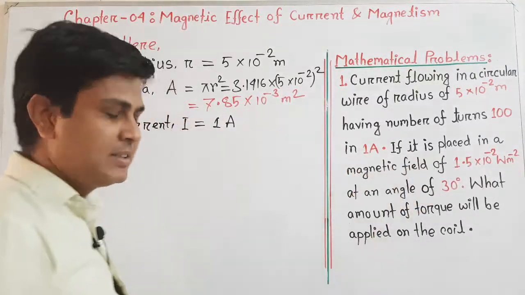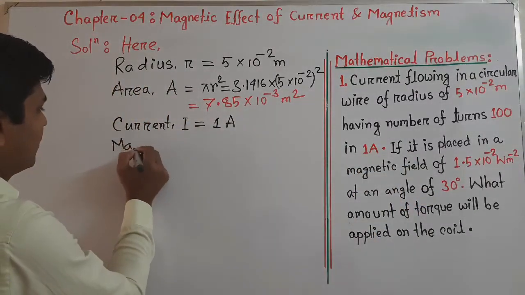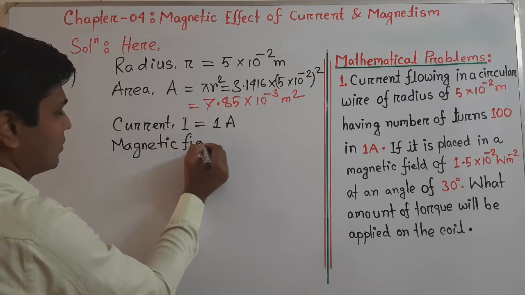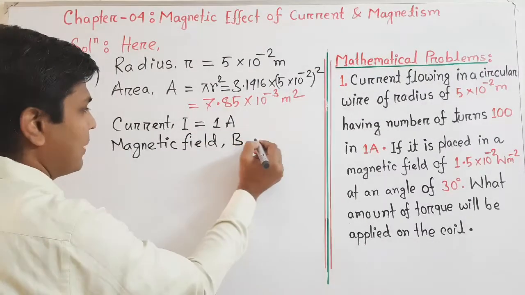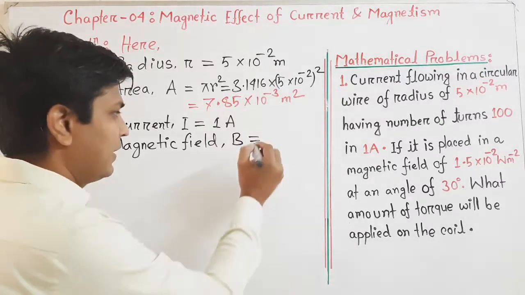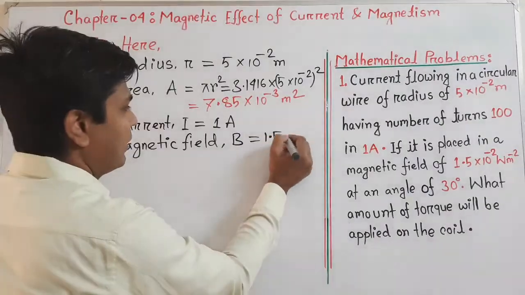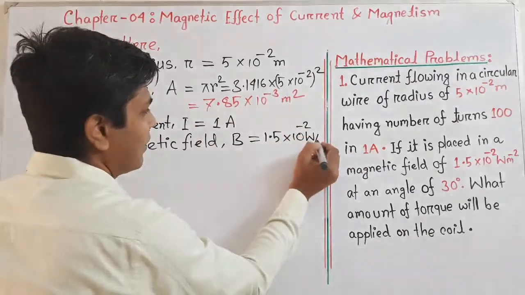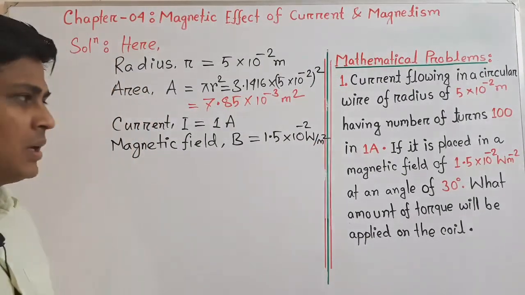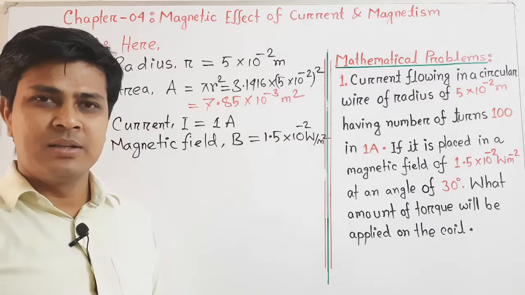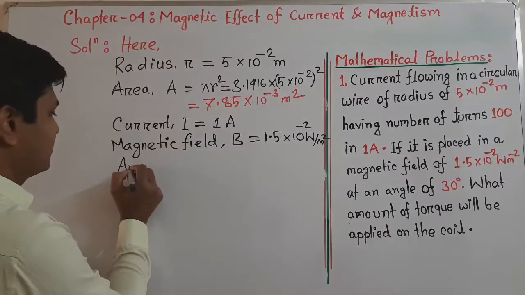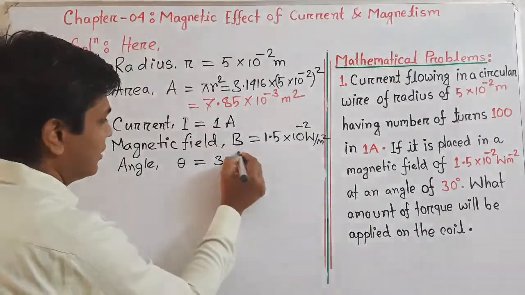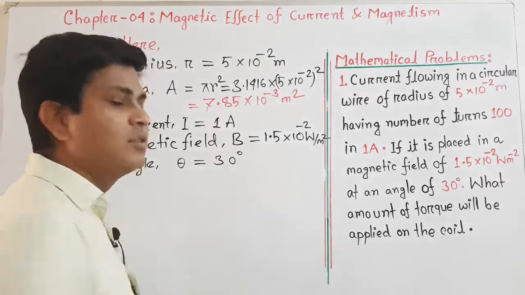Here the magnetic field is also given. The symbol of magnetic field is B, and its value is 1.5 into 10 to the power minus 2, unit Weber per meter square. Another piece of information is the angle theta, given here as 30 degree, and we have to calculate the value of torque.